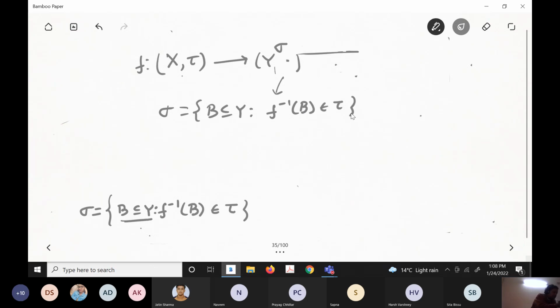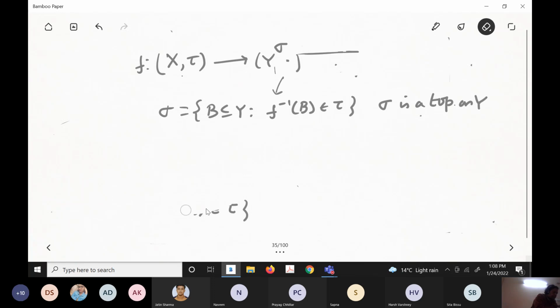And I have proved sigma is a topology on that. Exactly, I proved. I checked. Sigma is a topology here.